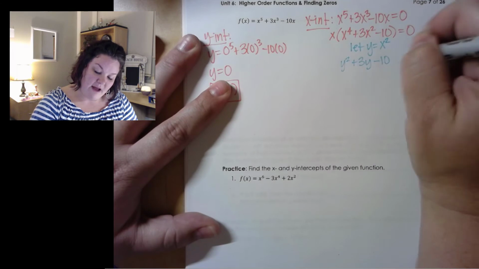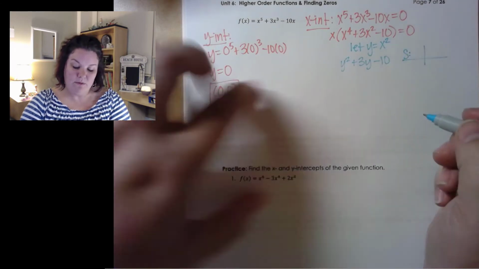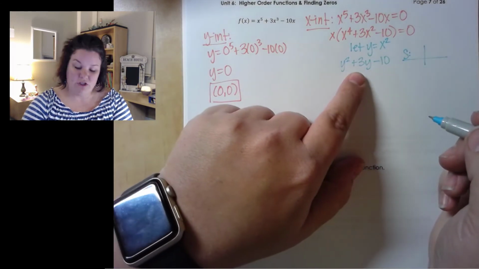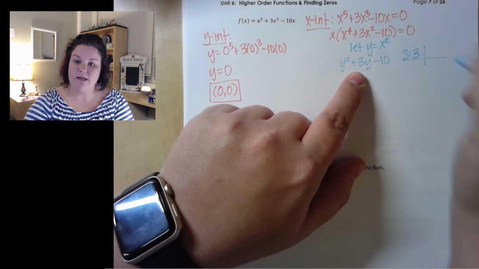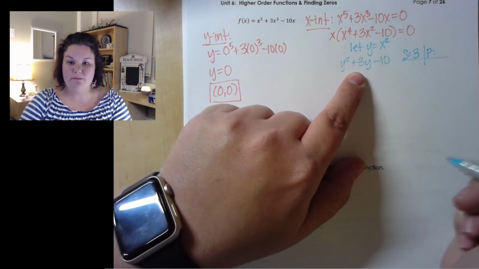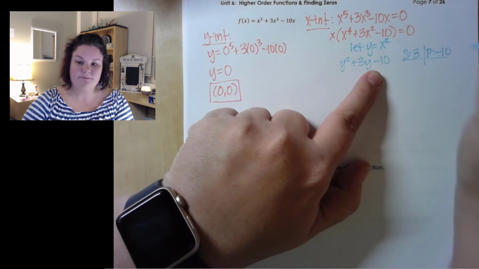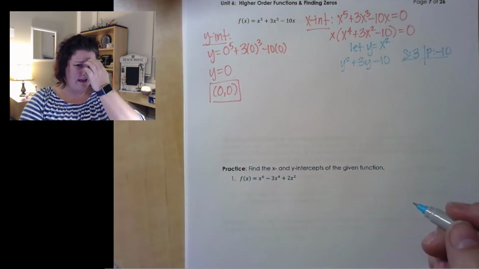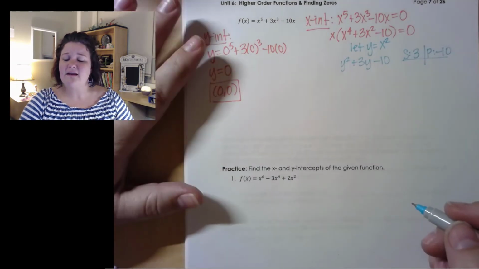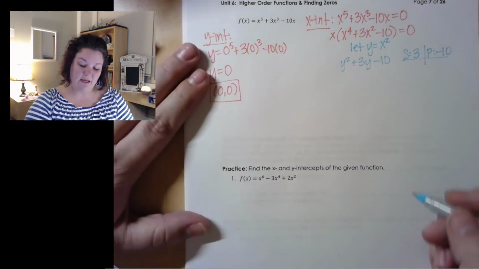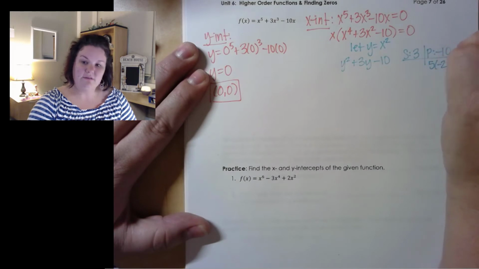So I'm going to go ahead and factor this. My sum would be my middle coefficient here, which is positive 3. And my product would be my first coefficient, which is 1, times my last, which is negative 10. So something that I can multiply to get negative 10 and combine to get 3 would be 5 and negative 2.